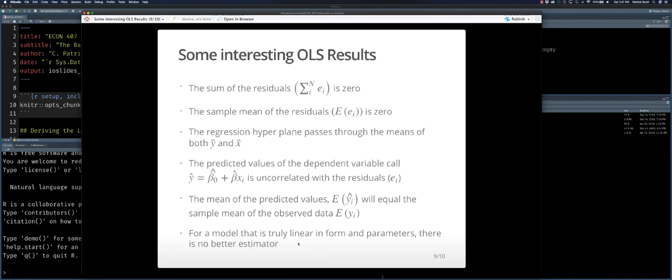The mean of the predicted values of our dependent variable y is going to be equal to the mean of our observed data of y. So the hypothetical dependent variable is going to equal the actual observed dependent variable. And given that our model is truly linear in functional form and in parameters, there is no better estimator. This is as good as it gets.